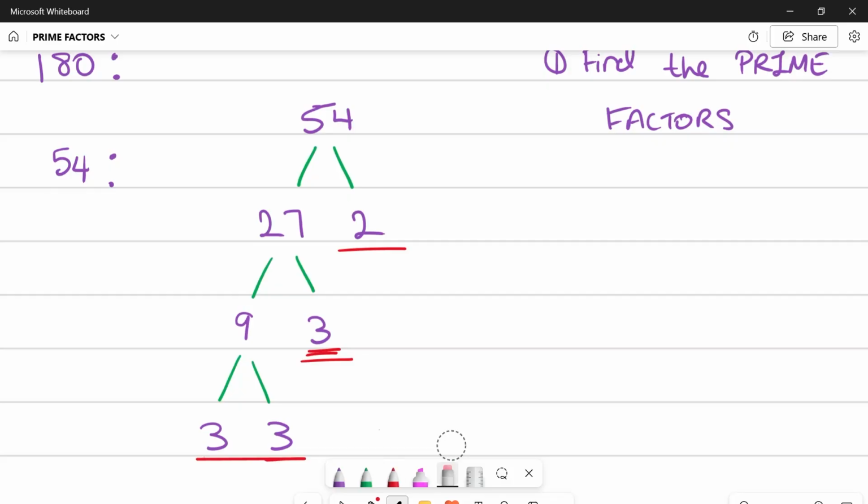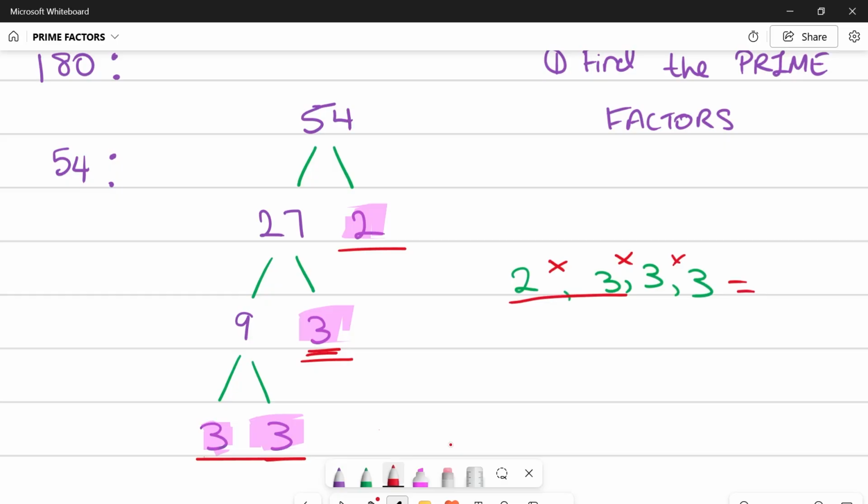We have fully broken down 54 into its prime factors. The prime factors of 54 in ascending order are 2, 3, 3, 3. And to verify, when multiplied, this should give us back 54.